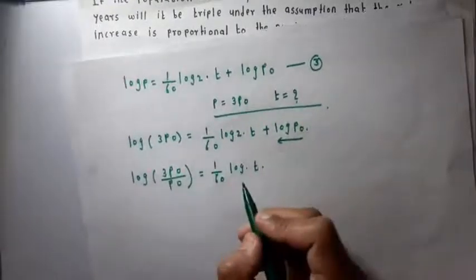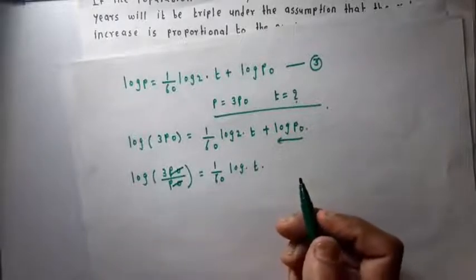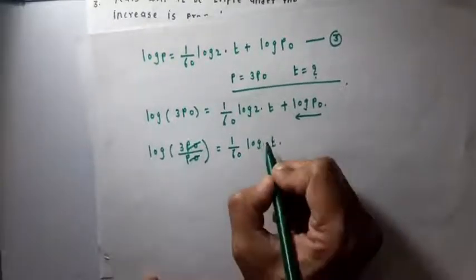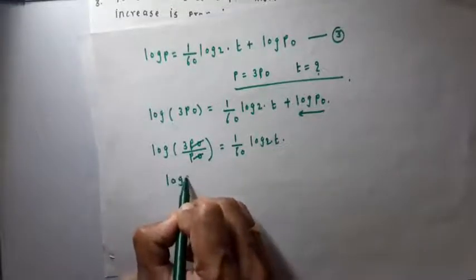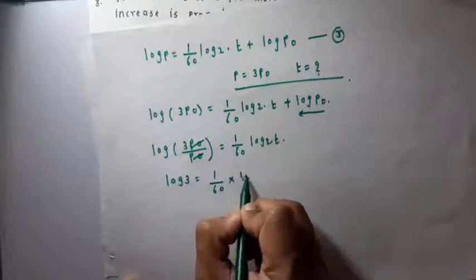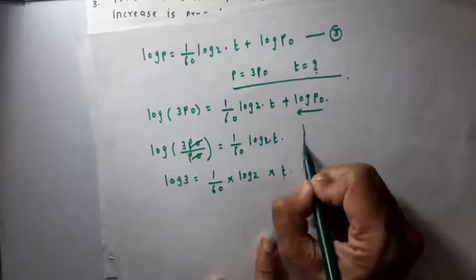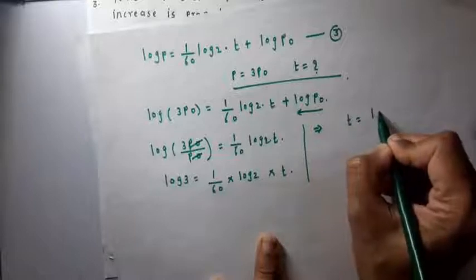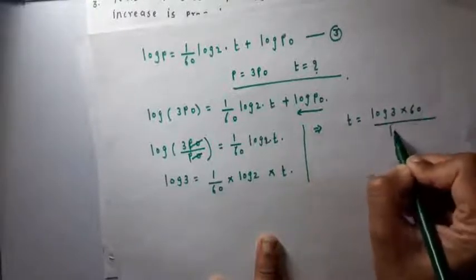P0 gets cancelled, and now log of 3 equal to 1 by 60 into log of 2 into t. So let us find out t. This implies t equal to log of 3 into 60 upon log of 2.